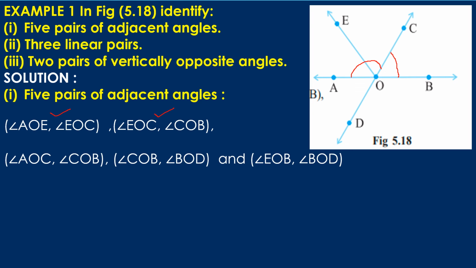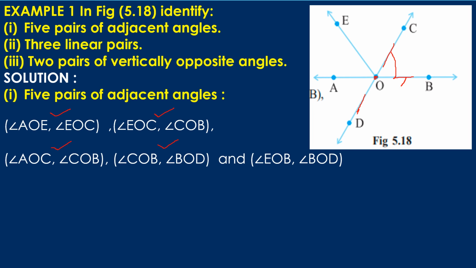These two are again said to be a pair of adjacent angles because again we have a common vertex, one common side and two non-common arms. Therefore, this is a pair of adjacent angles. And similarly, the fourth pair of adjacent angles is angle COB and angle BOD. These two are said to be adjacent angles because here we have a common vertex, one common side and two non-common arms. Therefore, this is a pair of adjacent angles.